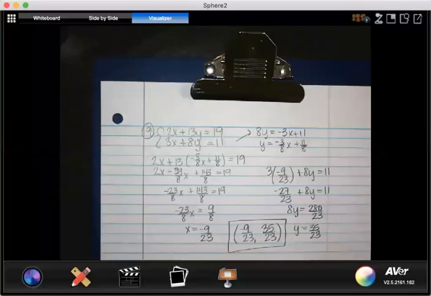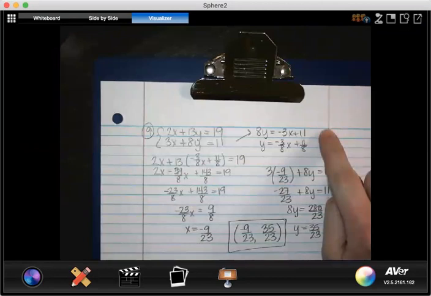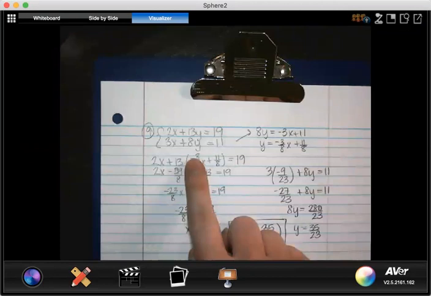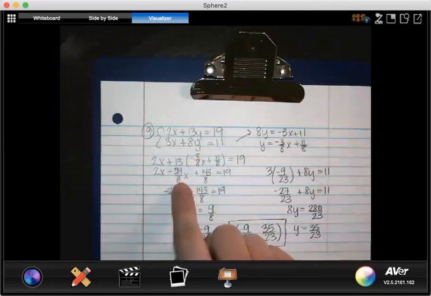Okay, hopefully that went well for you, and hopefully you got a final answer of negative 9/23 and 35/23. Let's talk through how we got that. I picked the second equation since it had smaller numbers. You end up with y equals negative 3/8 x plus 11/8. Substitute that back in. Again, not so pretty with the simplifying, but it works. So 2x minus 39/8 x plus 143/8 equals 19.